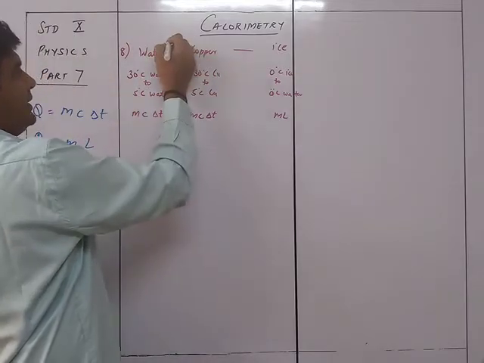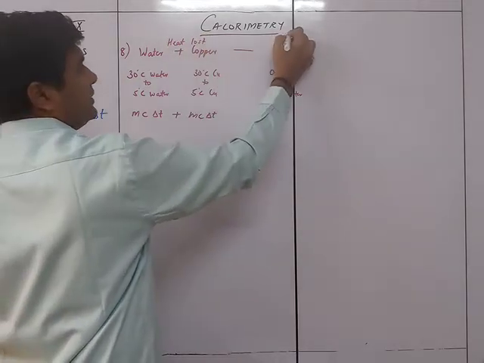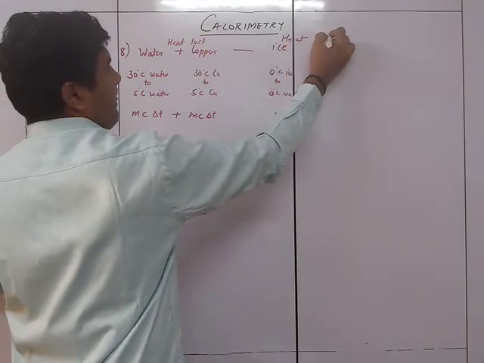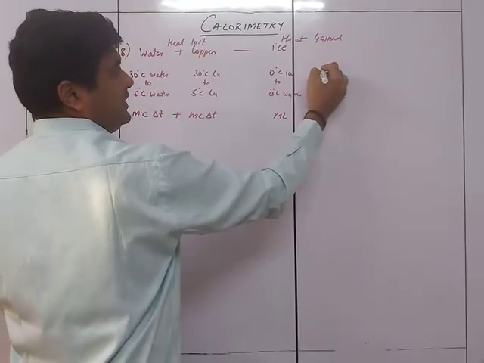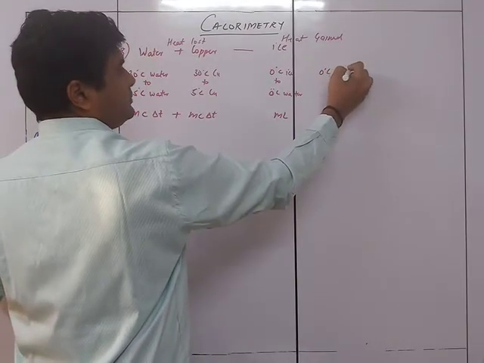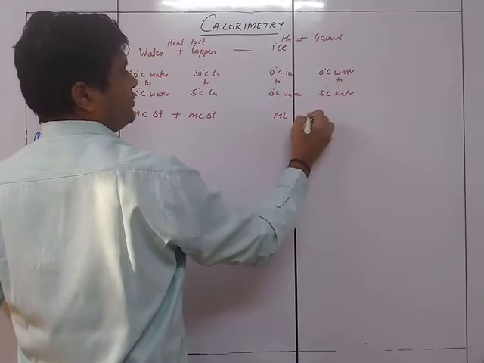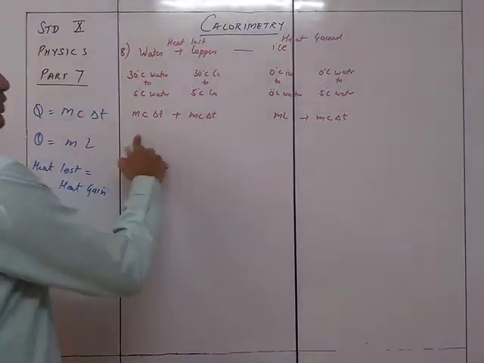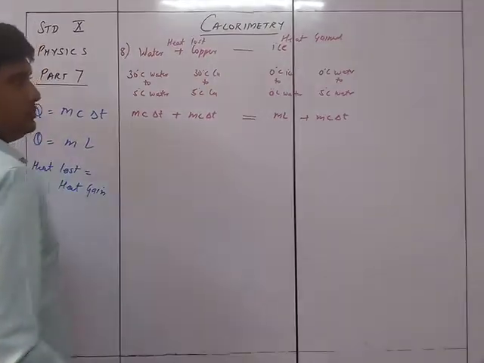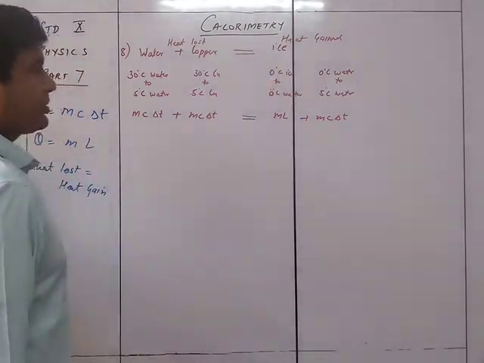So this is nothing but heat lost equals heat gained, plus 0 degrees Celsius water to 5 degrees Celsius water, so that is plus mc delta T. We know that these two are equal because heat loss is equal to heat gain. Right?